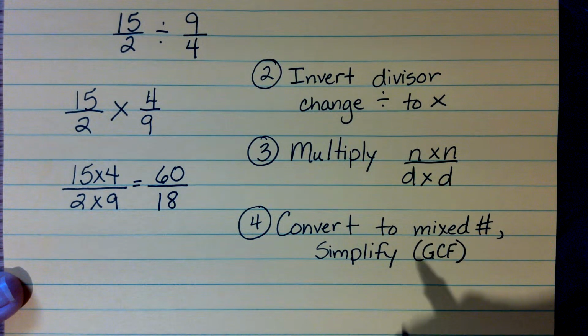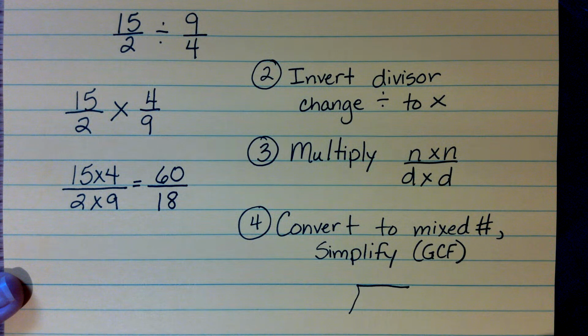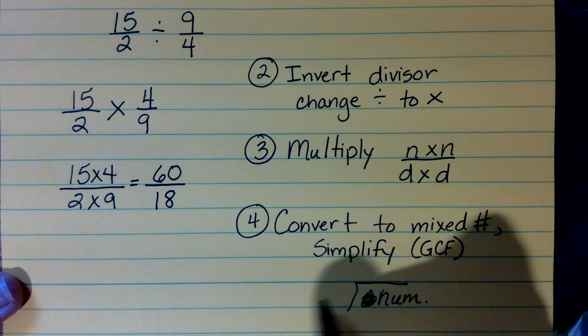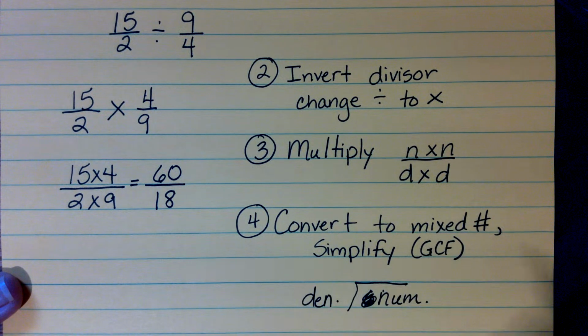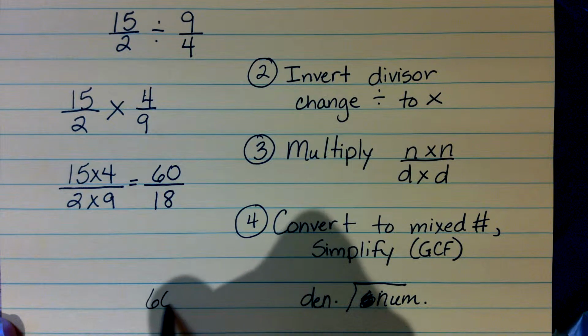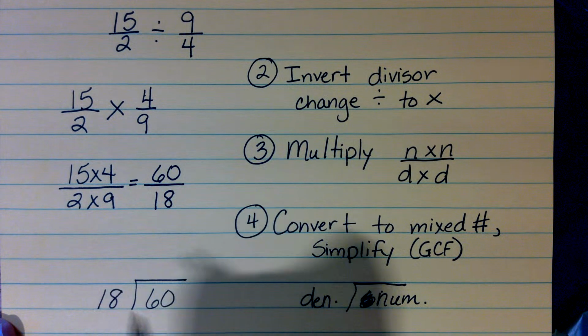Okay? When we convert from an improper fraction to a mixed number, we're going to divide the numerator by the denominator. In this specific instance, we're going to divide 60 by 18.